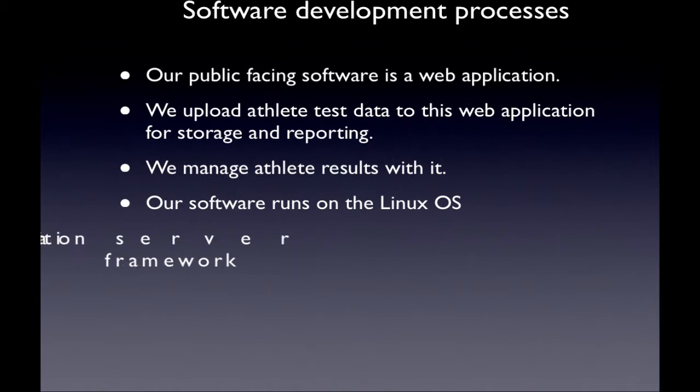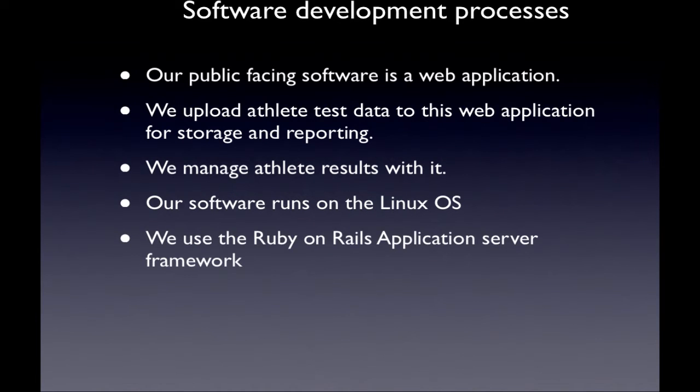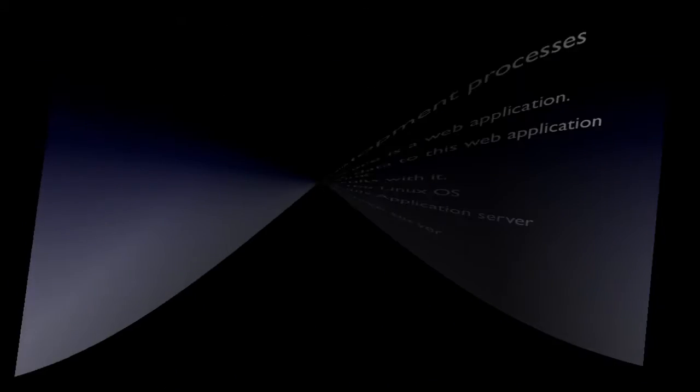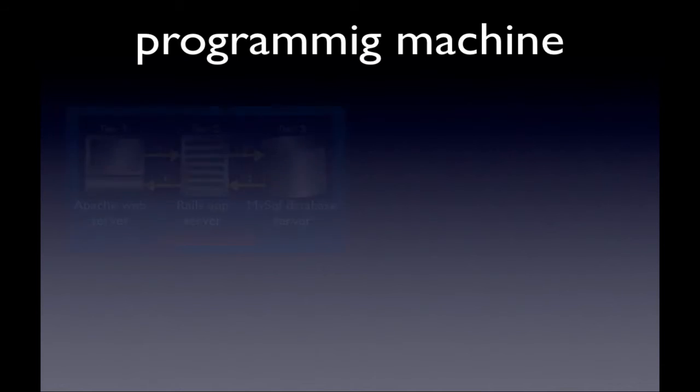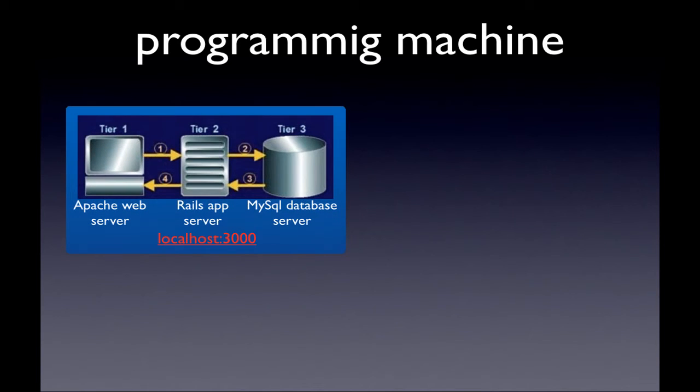Our software runs on the Linux operating system. We use the Ruby on Rails application server framework, and we use the MySQL database. A typical programming machine would contain the Apache web server or the WEBrick web server, a small web server that the programmer can use.